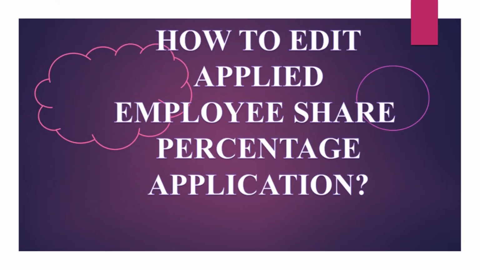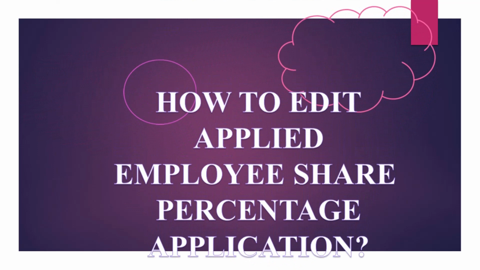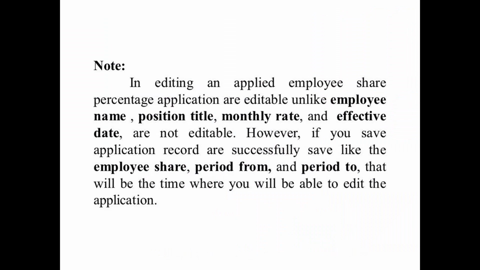How to edit applied employee share percentage application. Take note, in editing an applied employee share percentage application, employee name, position title, monthly rate, and effective date are not editable. However, once you save the application record successfully, the employee share period from and period to will be the fields where you are able to edit the application.